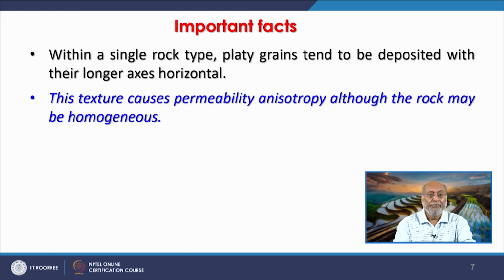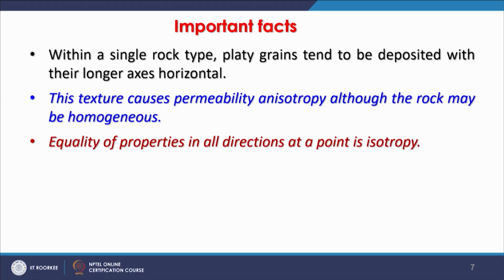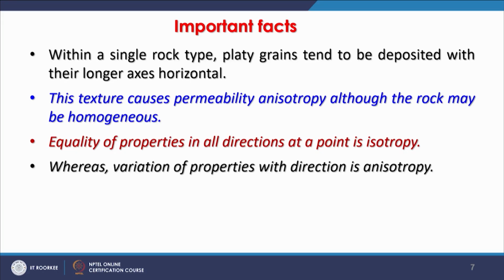So, these platy grains tend to deposit along their longer axis, and therefore, the texture causes permeability anisotropy, although the rock may be homogeneous. This kind of situation may be encountered if we look very carefully even at an individual layer of different rocks. Equality of properties in all directions at a point is isotropy, which in our case means everywhere it is the same, but in nature it is not like that, whereas the variation of properties with direction is anisotropy.